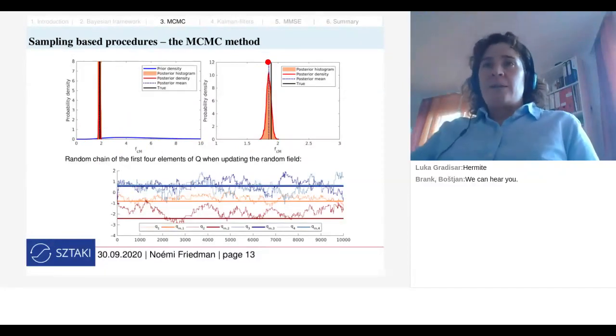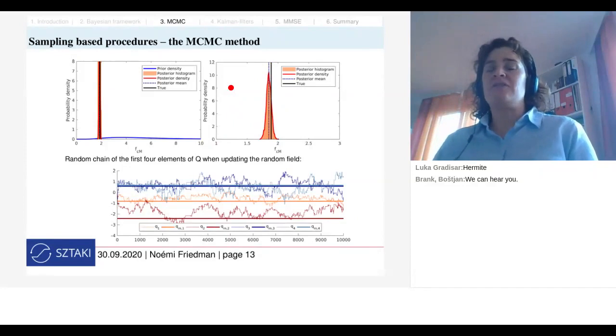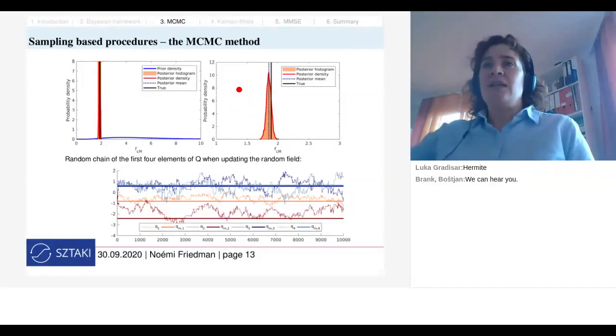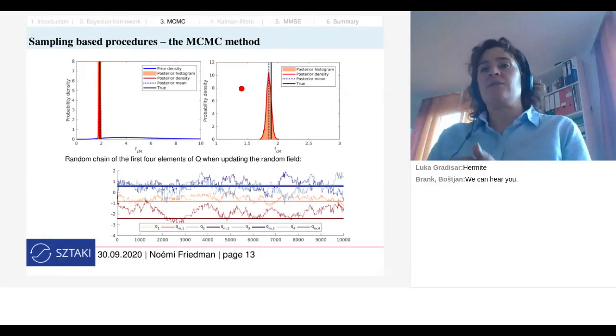Now, don't expect to get exactly to the true value. This is not something that you should require to have. Even if you have synthetic measurements, you shouldn't get exactly to the true value, because you have a measurement noise, okay? And the measurement noise is influencing what your updated thing will be.